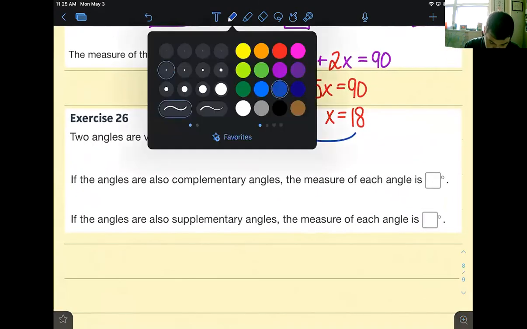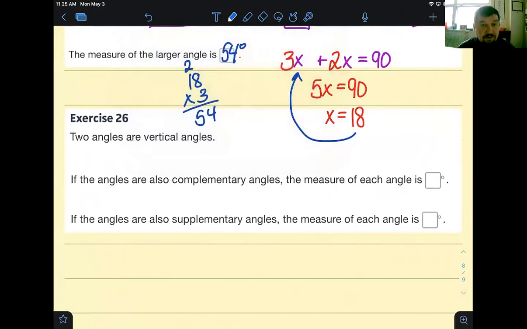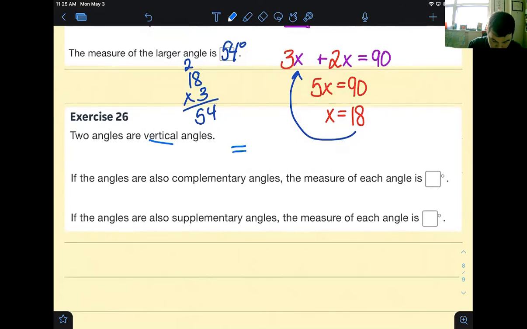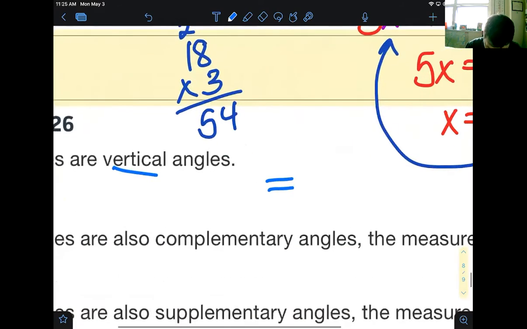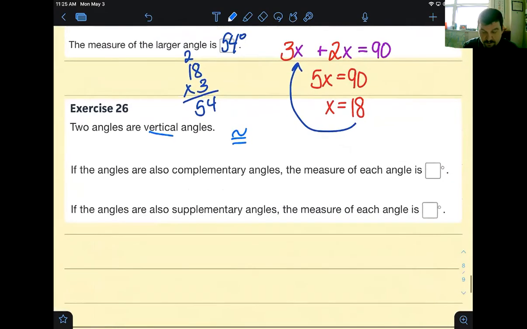Number 26. If two angles are vertical, now think about what it means to be vertical angles. If they're vertical, that means they're opposite from one another, but maybe even more importantly, that means the two angles are congruent, which means they have equal measure. Okay, they're congruent. It's a really bad looking congruent symbol. That's better. The two angles are congruent, so they're the same size.